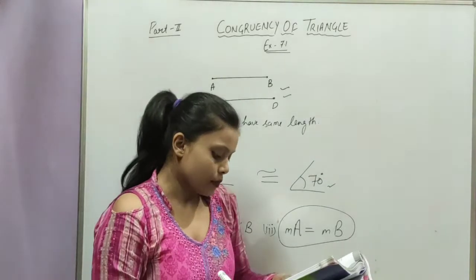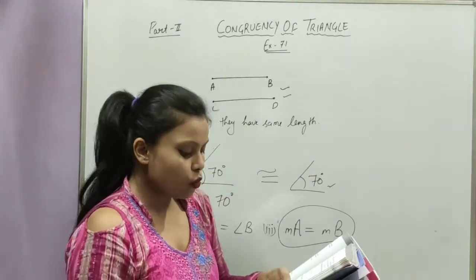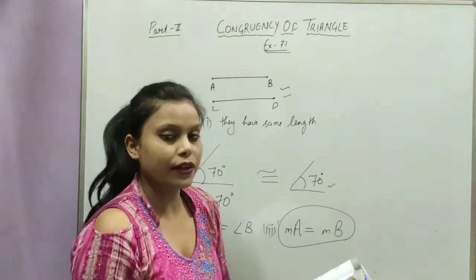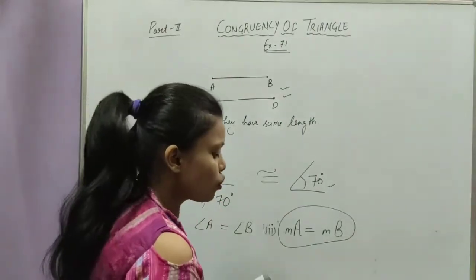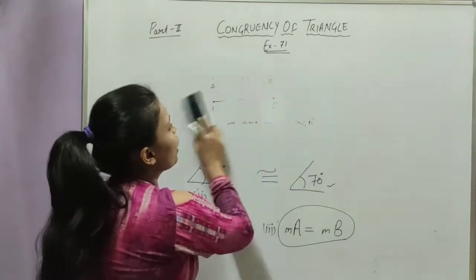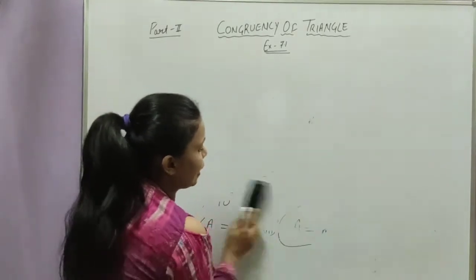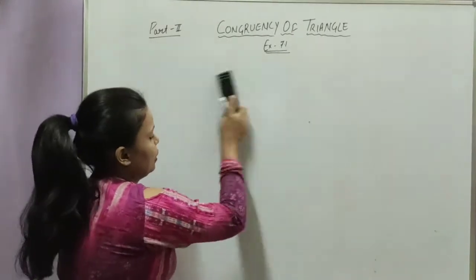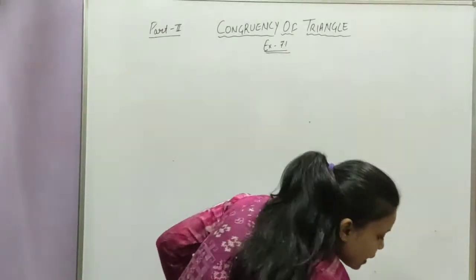Question number 2 is give any two real life examples for congruent shapes. Okay, so we need to give some real examples which we experience in our daily life. Can you give me any example like that?